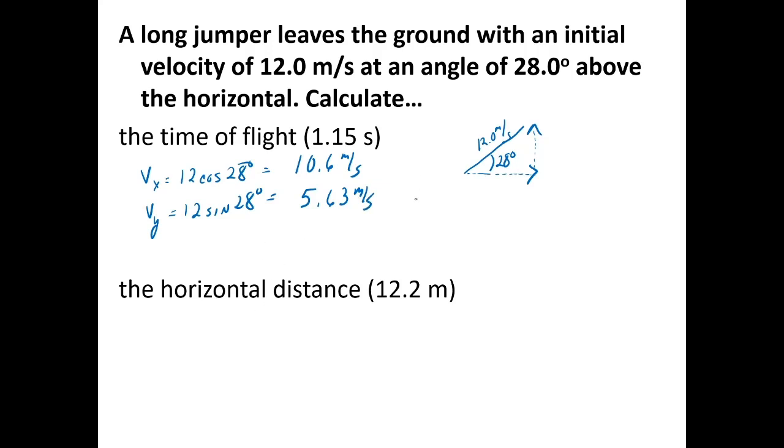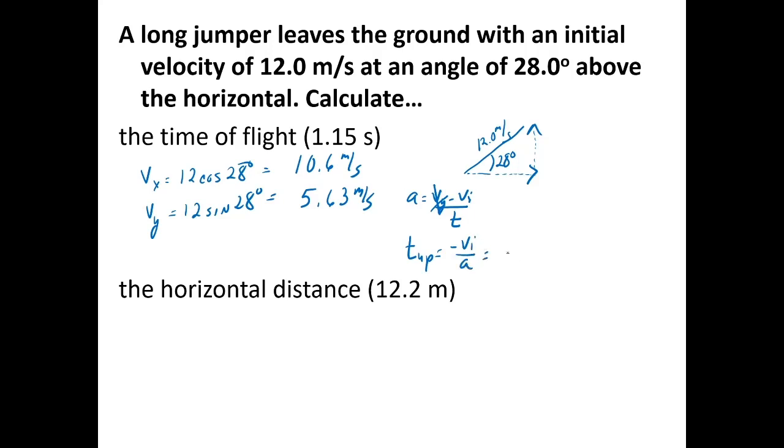Now to get the time of flight, we're going to have to get the time up. Best bet is just the plain old definition of acceleration. Now going up, at the peak height, Vy is going to be 0. So just like we've seen before, the equation simplifies.